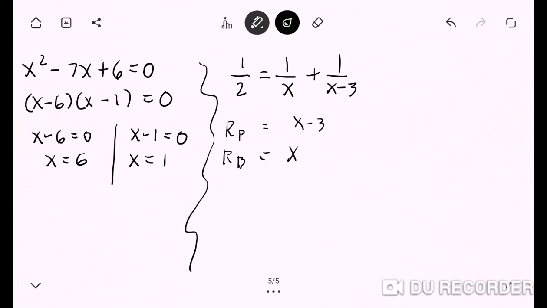So, pag sinubukan natin yung 1 as possible solution, so when we substitute, so we have 1 minus 3, the answer is negative 2. So ibig sabihin, we cannot consider positive 1 since walang negative 2 na time. So we cannot represent the time ng negative 2. So ibig sabihin, this is not a solution.